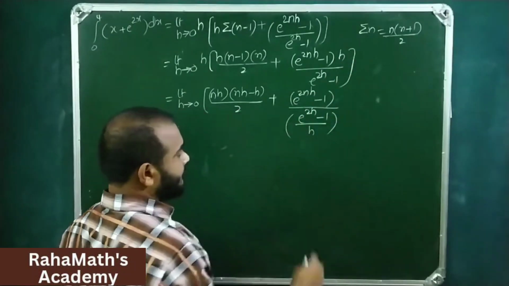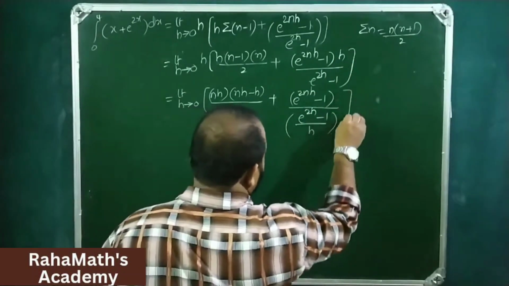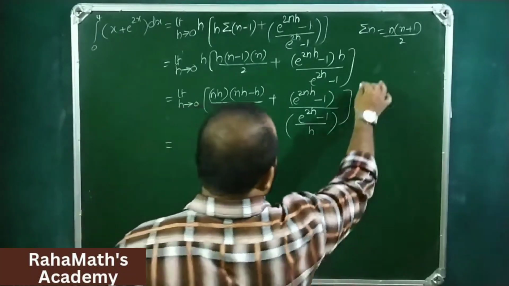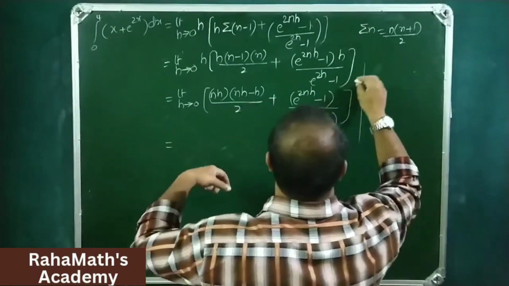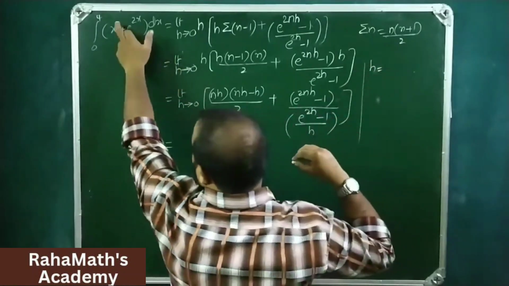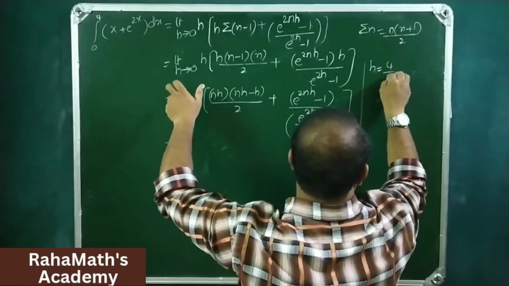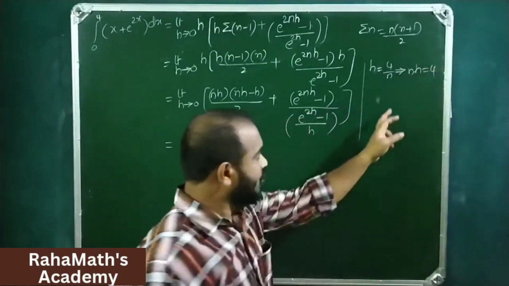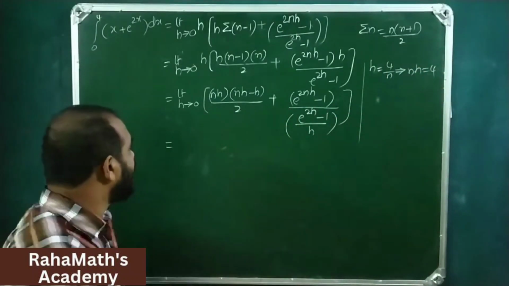Can I write this? So what is nh? h equals (4 minus 0) by n, so 4 by n. From this, nh equals 4. We will shortly use this.